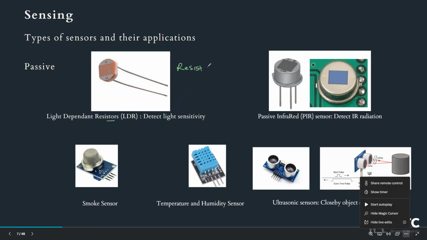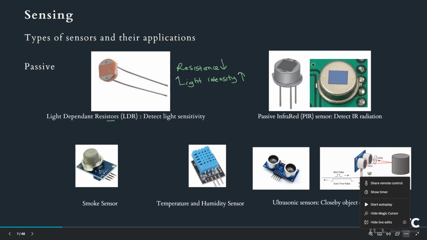The resistance of the sensor decreases as the light intensity of the environment increases, right? When the light intensity increases in the environment, the resistance decreases in the sensor. So as the resistance decreases, the output voltage changes based on that.